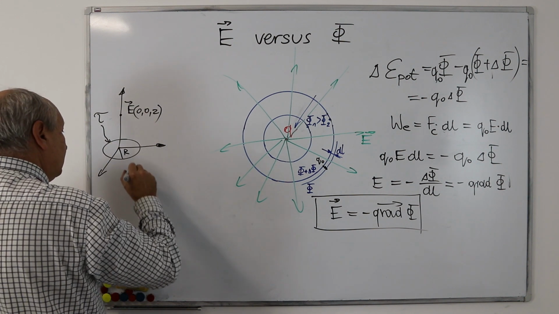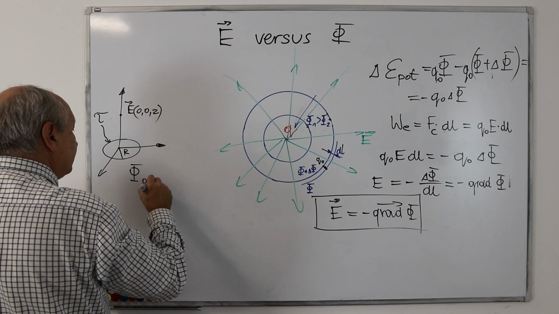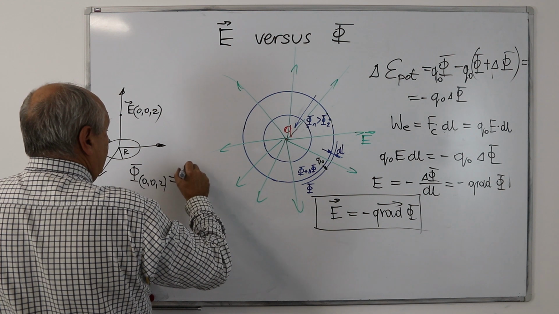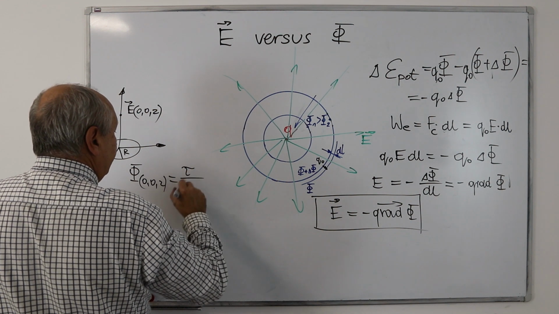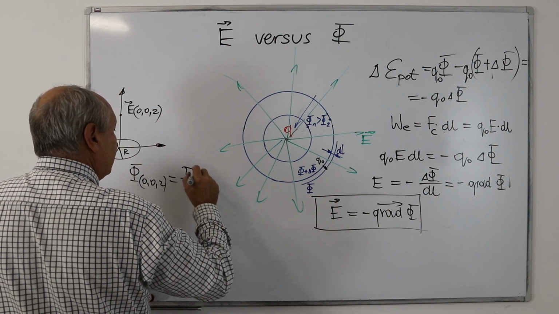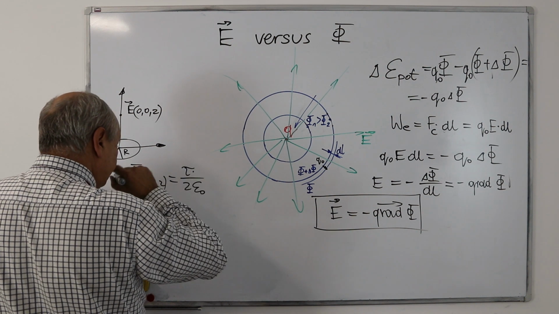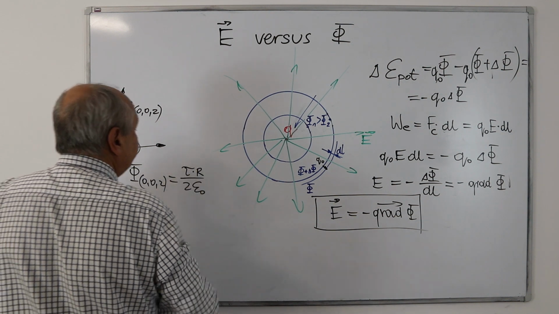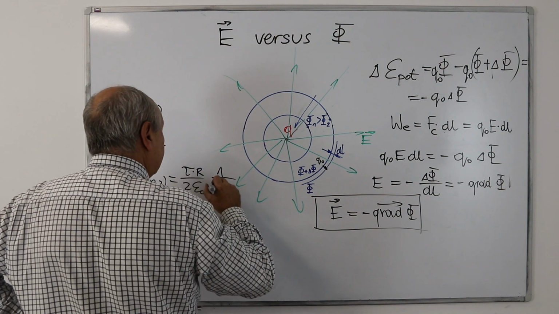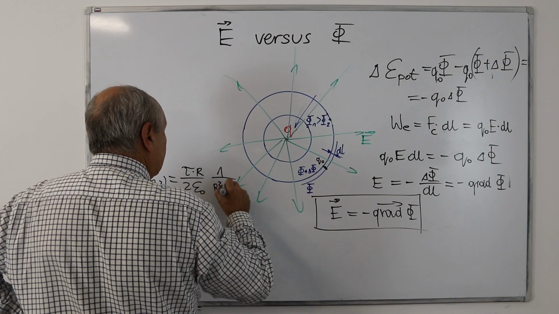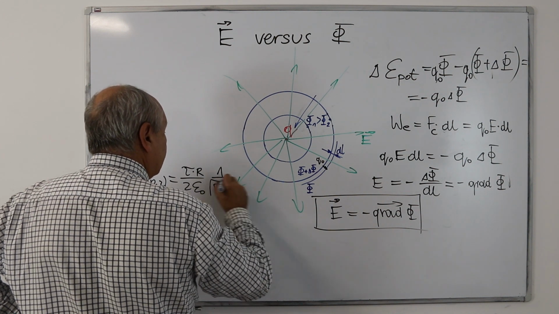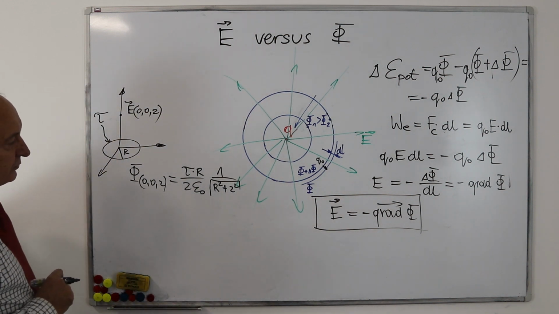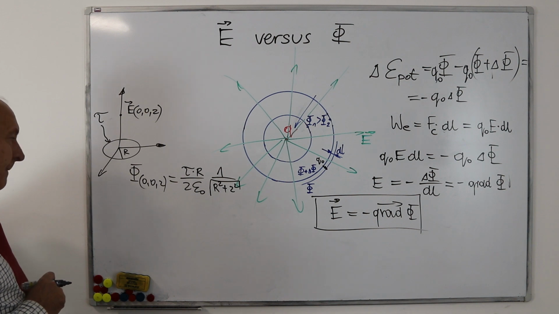The potential function in point (0, 0, z) is equal to tau over 2 epsilon 0 multiplied by r, 1 divided by the square root of r squared plus z squared.